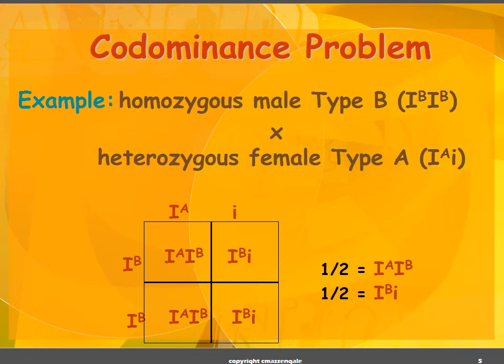We can have half of the individuals with blood type AB, and the other half with type B. No type O, which is very important because of the codominance effect, right? So we can have AB and type B because we're dealing with a homozygous male and a heterozygous female. So it would be half and half.